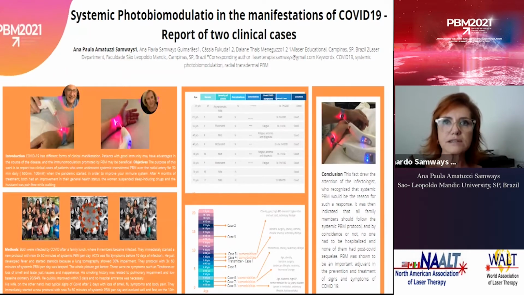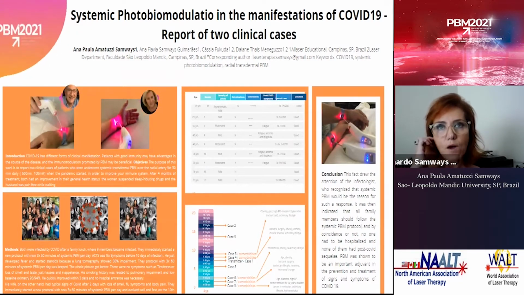The immunologist was really impressed by how well both these patients recovered, given their age and comorbidities, and also compared to other family members.